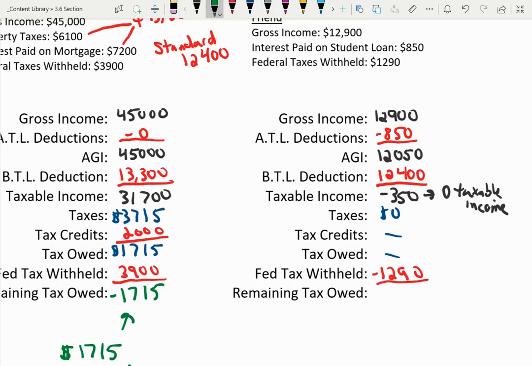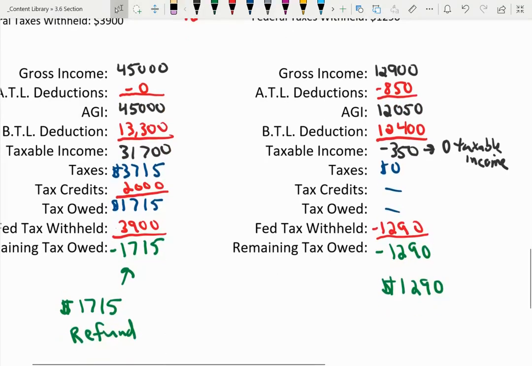So technically, if you subtract zero taxes owed from that, he's left with 1,290 for his refund. So 1,290 ends up being the refund for Ray's friend.